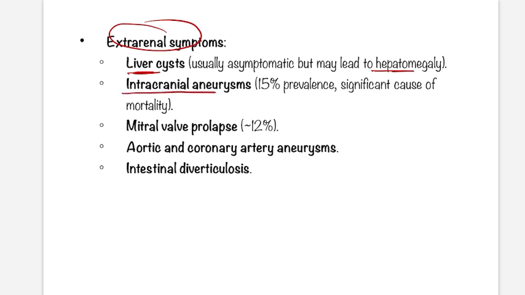Although they are seen in 15% of patients, they cause significant mortality. That's why at 18 years of age, MRA is advised. Mitral valve prolapse is seen in 12% of cases, along with aortic and coronary aneurysm and colonic diverticulosis.